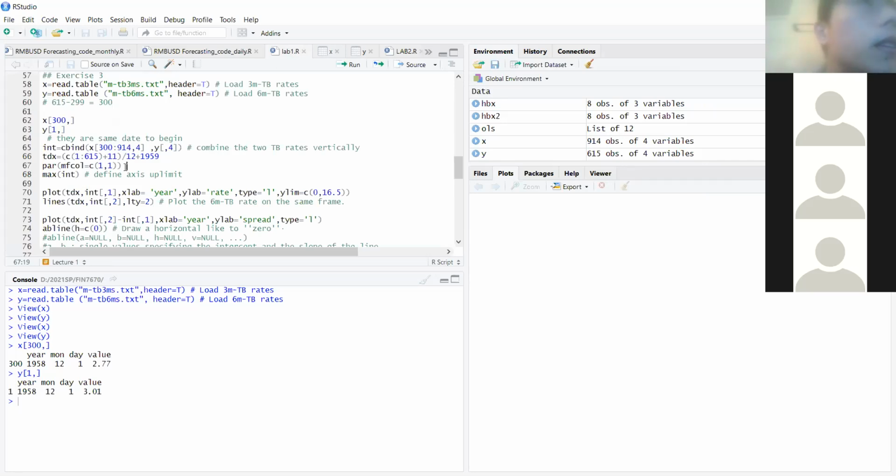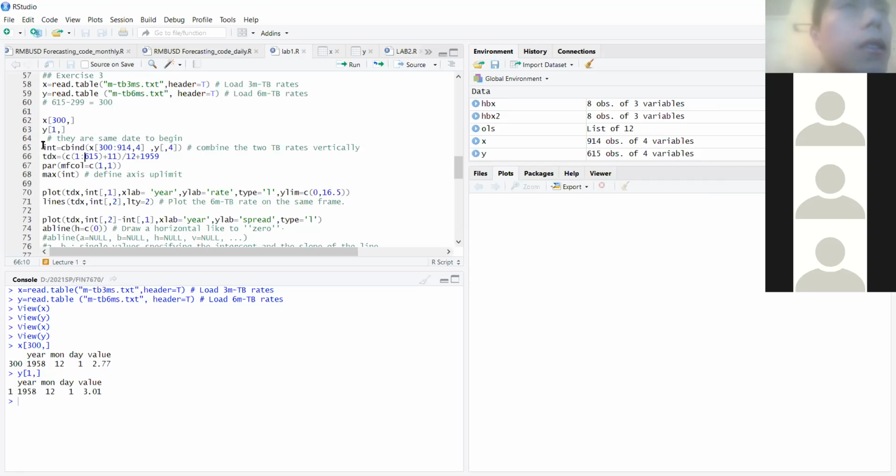You just simply, let's first look into the next. I want to combine the two datasets because we want to analyze them combined together in the same file, right? So in this case, I want to construct a new dataset combining the 3 months and the 6 months starting from 1958, December 1st.